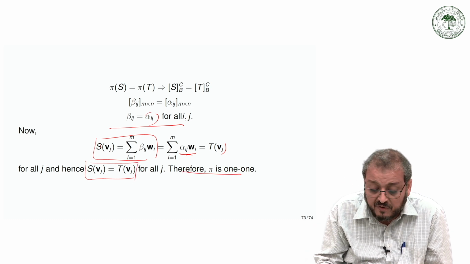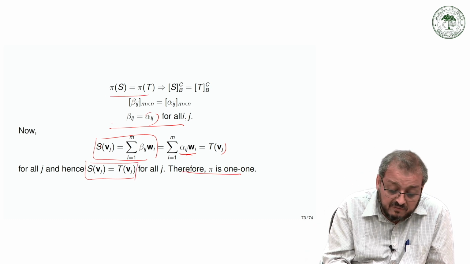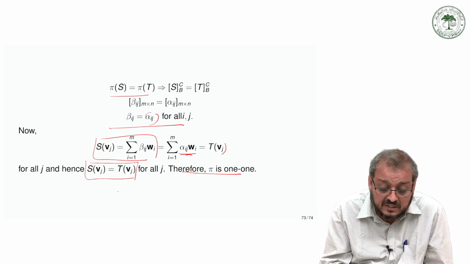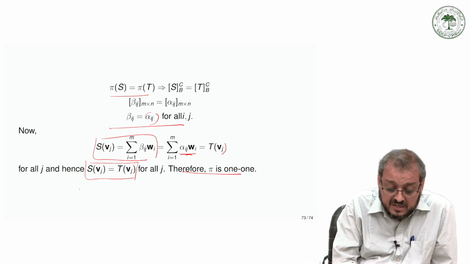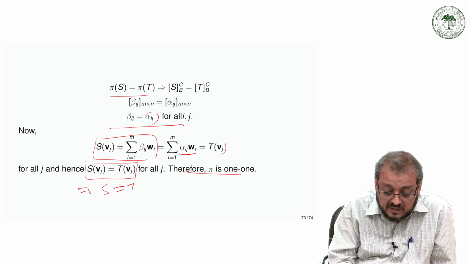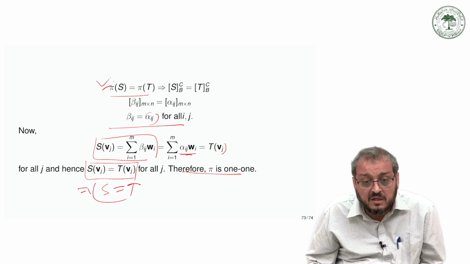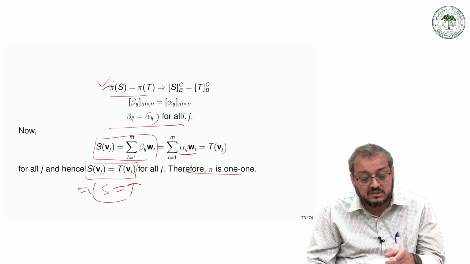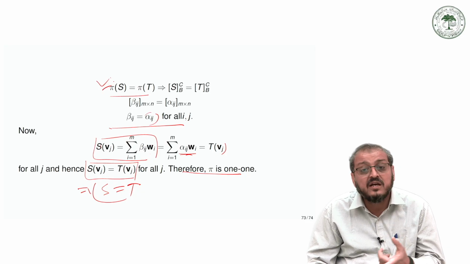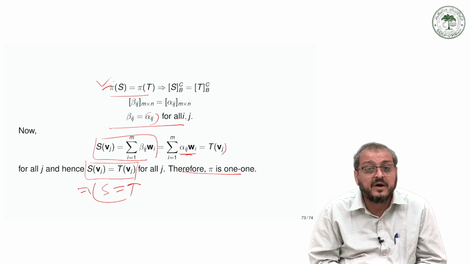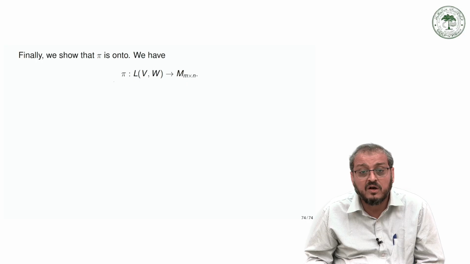This means S and T are both equal. So we start from pi of S equal to pi of T, and then we show that S and T are the same. So clearly pi is one-one. Now the rest, we show that it is onto.